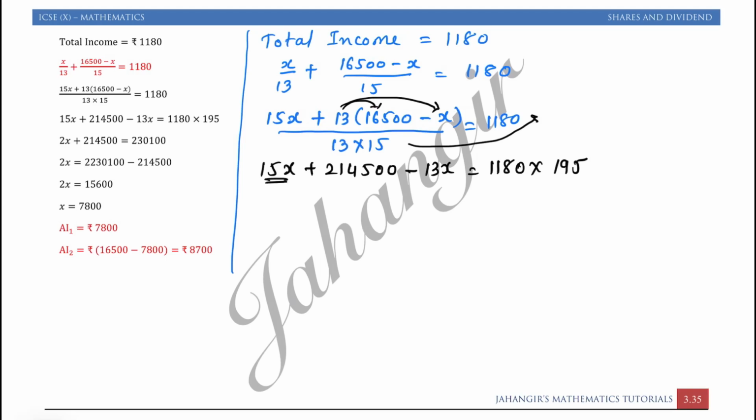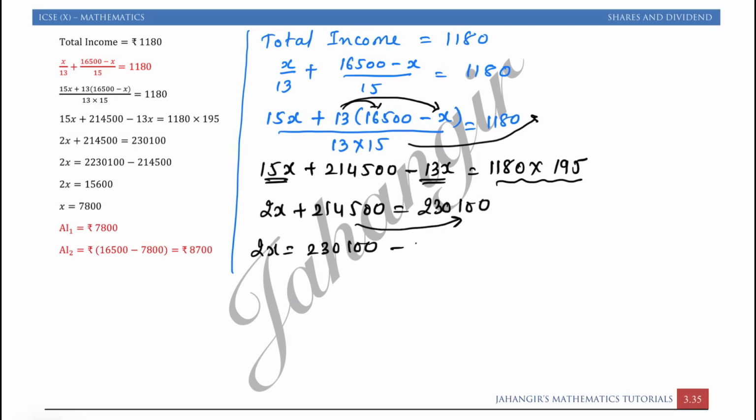So 15x minus 13x is 2x plus 214,500 is equal to, multiplying this part you will get 230,100. So shifting this on other side you will get 2x is equal to 230,100 minus 214,500.